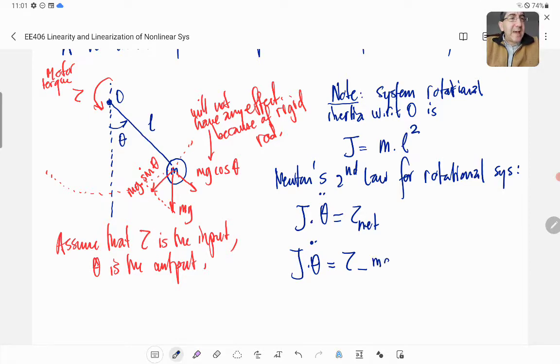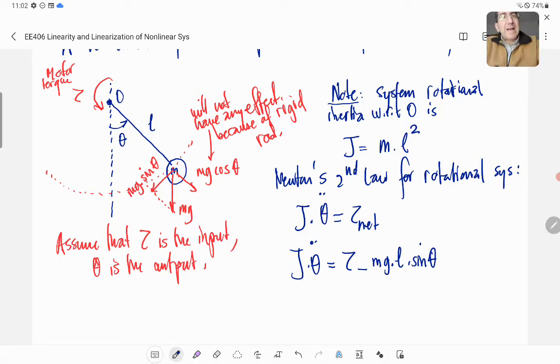So this is mg sine theta times L, which is the torque. So the force itself is mg sine theta, but because we are writing the net torque, we need to calculate the torque with respect to the point O again. So that is mg sine theta times the length of the moment arm, which is L. Okay.